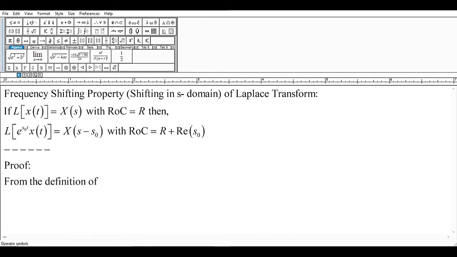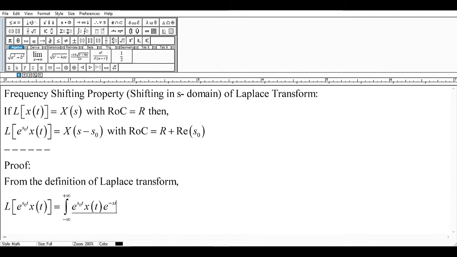So from the definition of Laplace transform, the Laplace of the function e^(s0 t) x(t) can be written as integration from minus infinity to plus infinity of e^(s0 t) x(t) into e^(-st) dt.